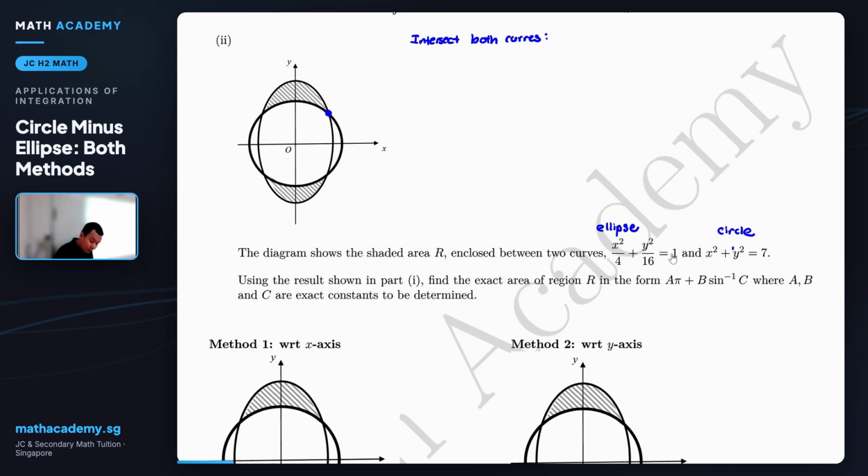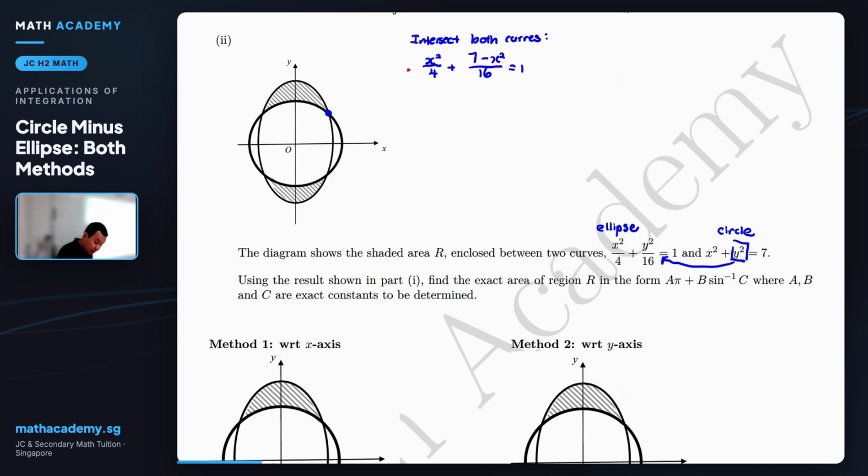Okay, so let me make y squared the subject. I'm going to substitute to the ellipse equation. I intersect directly here. So x squared over 4 plus your y squared. Can I move this x squared to the right? So I will get (7 minus x squared) over 16 is 1. I'm intersecting the two equations directly.